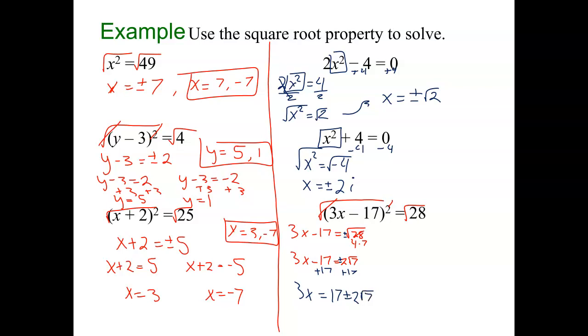Okay, the rational number comes first, 17, plus or minus your irrational number, 2 root 7. Last step, divide by 3. So x is 17 plus or minus 2 root 7 all over 3.